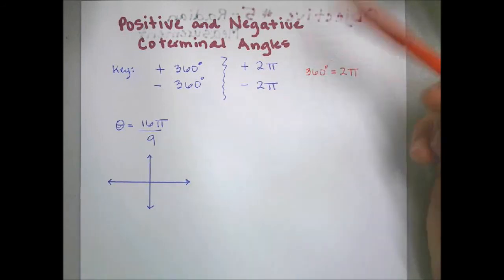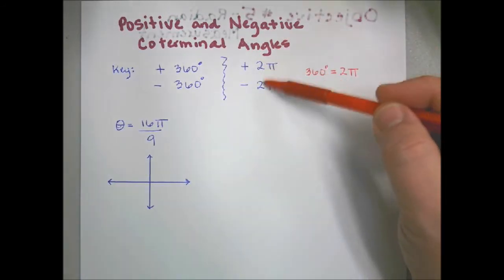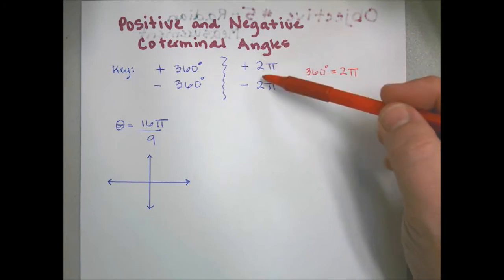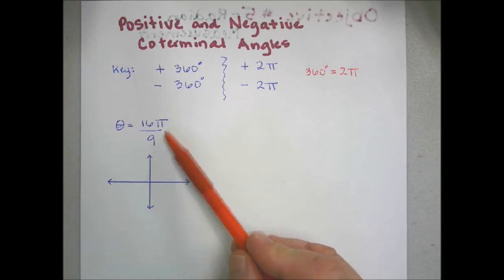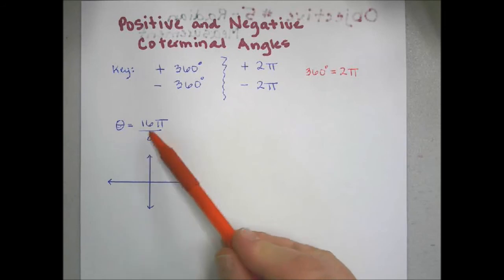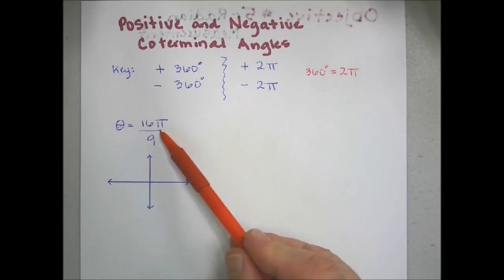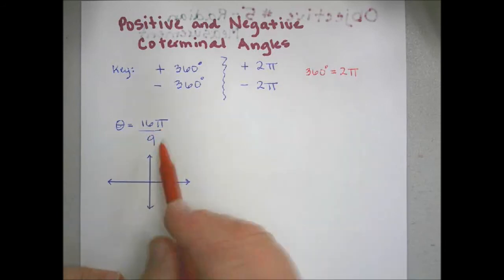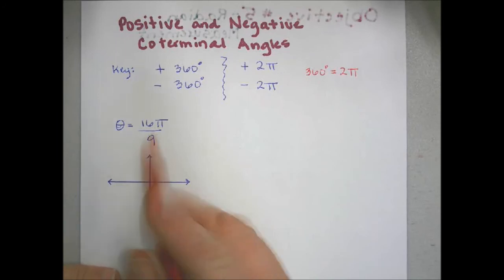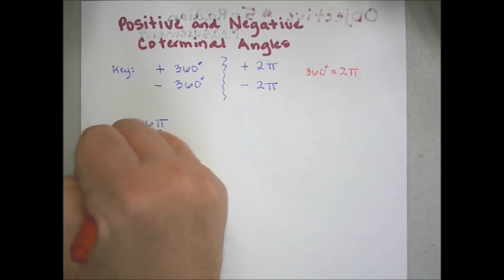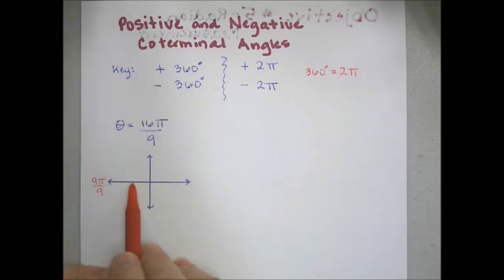However, like I said a couple minutes before, you're never going to see these nice whole numbers. It's always dependent on whatever the denominator of the fraction is. So I'm just going to do one example. What if theta was at 16 pi over 9? Well, let's first of all just figure out where we would be at 16 pi over 9. The 9 is the key to the whole problem. So 9 pi over 9 would get us right there.